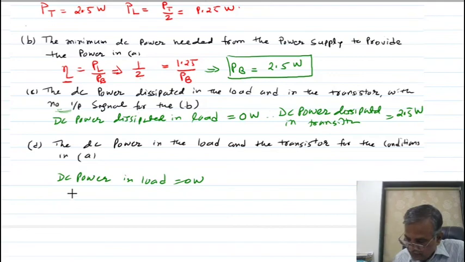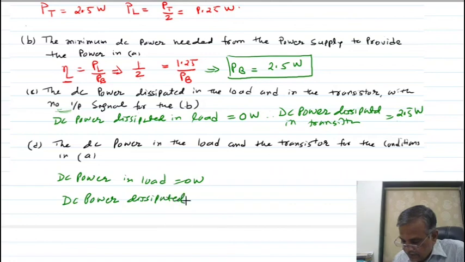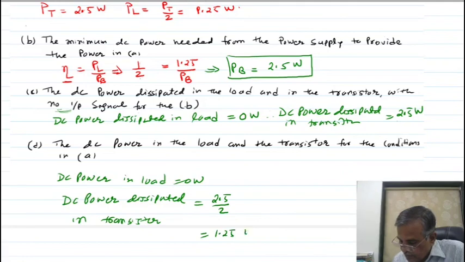From this, half of the power will be transferred, so DC power dissipated in transistor will be 2.5 by 2, which is 1.25 watt.